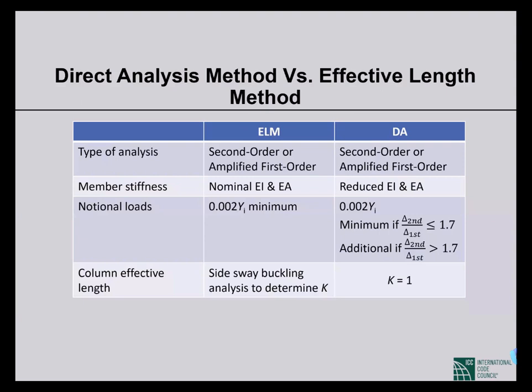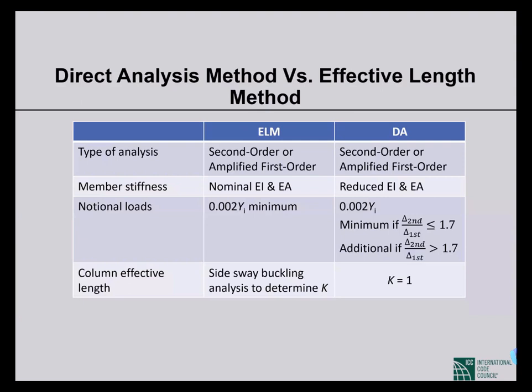So the value is same, but the treatment is different. When there is less second order effect, then this is the minimum. We don't need to add it to the existing lateral load, other types of lateral loads. But if the second order effect is bigger, then we have to add this value with other types of lateral loads. So then this is additional. This is called notional load.